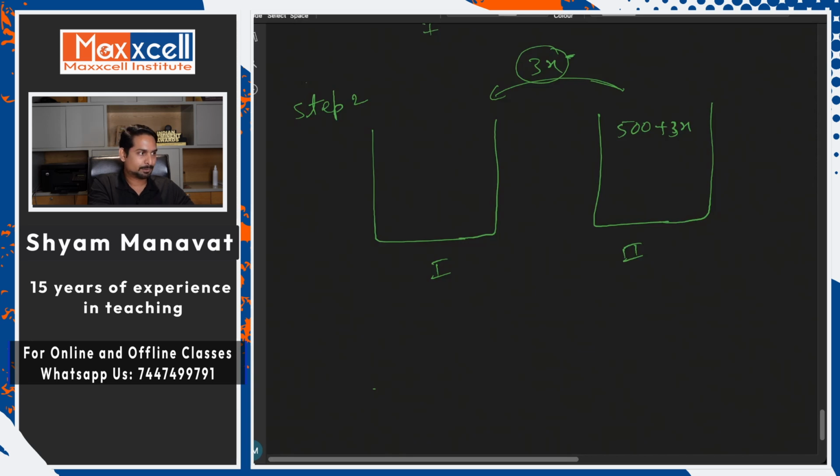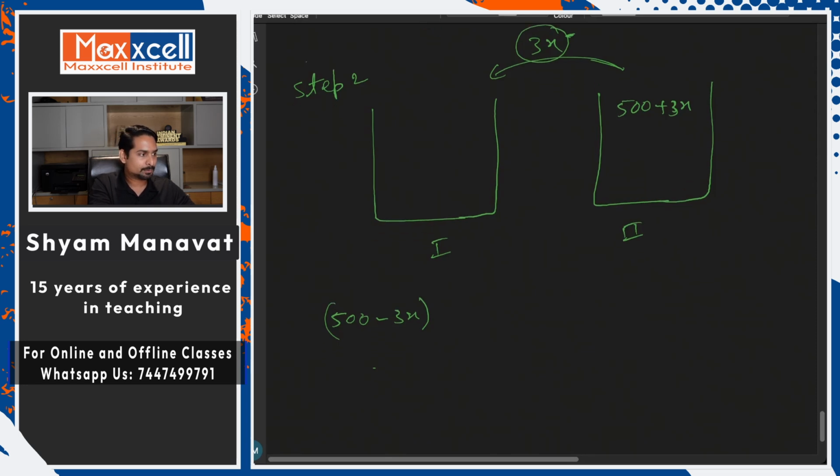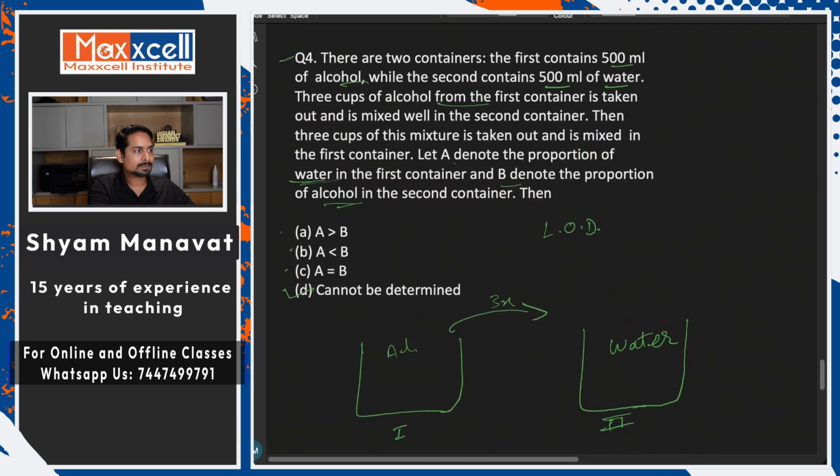So this 3x, when you put it into the first container, is added to 500 minus 3x, which was the amount of alcohol already there. I will not directly add 3x. In the first container now, how much is alcohol and how much is water? In the question, they are focusing on A, which is the portion of water in the first container.